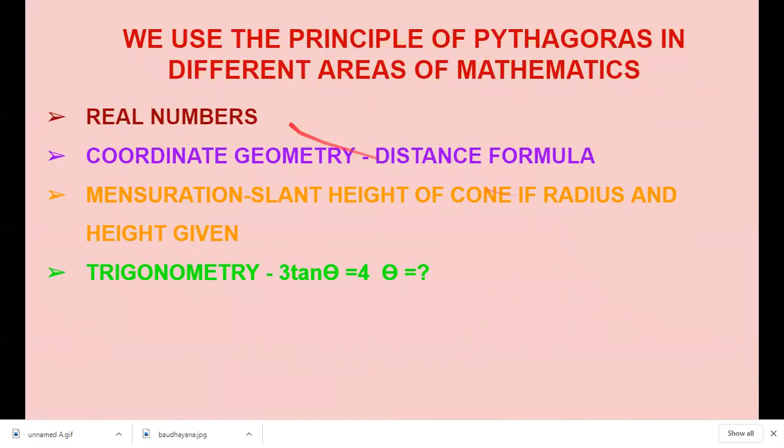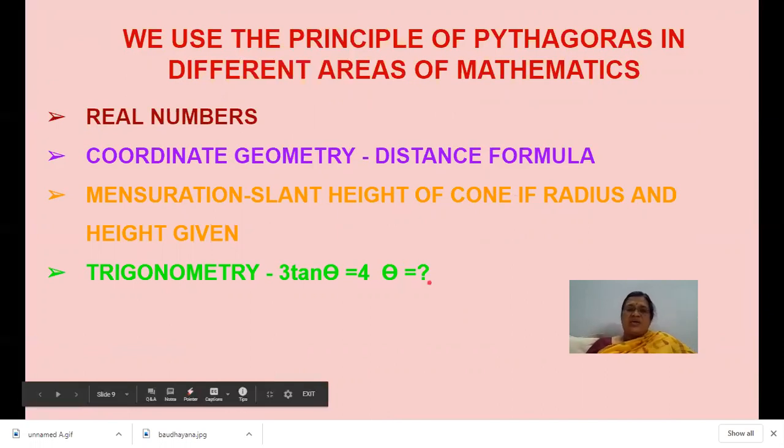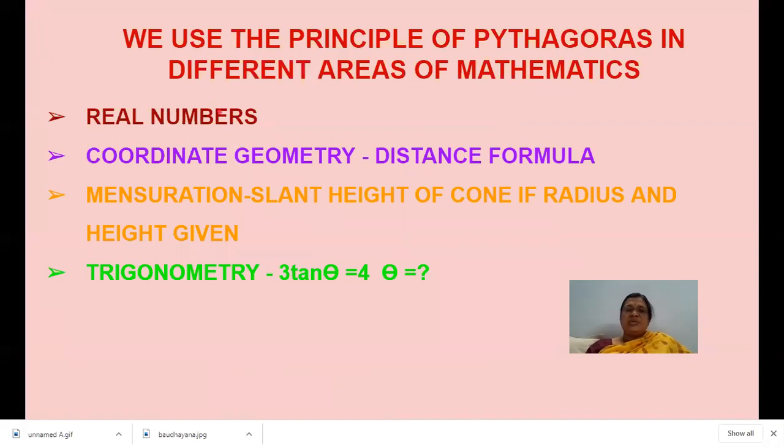We use this Pythagoras theorem in different areas of mathematics also. In real numbers and in coordinate geometry, for finding the distance formula, we apply this principle.